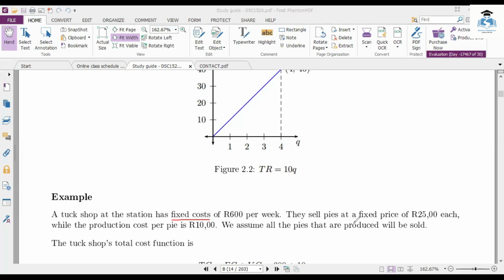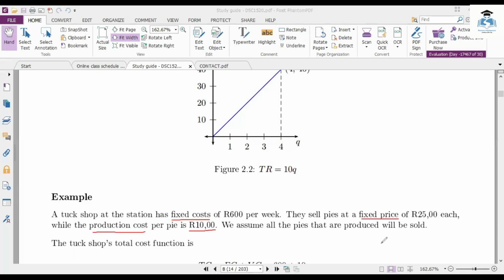They sell pies at a fixed price of 25, while the production cost per pie is 10 Rand. We assume all the pies that are produced will be sold.